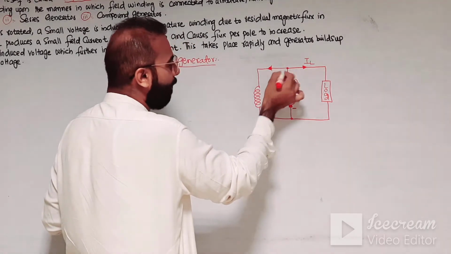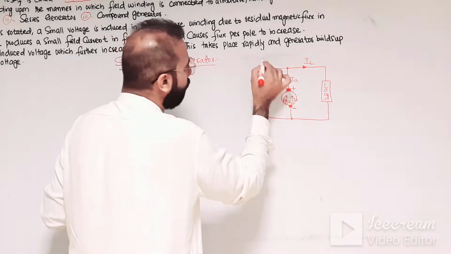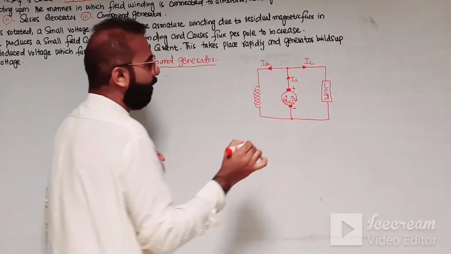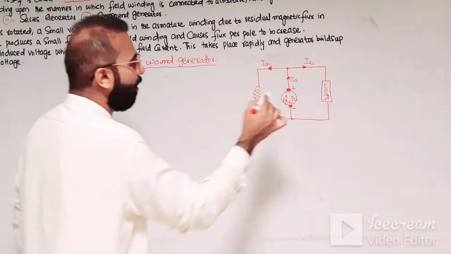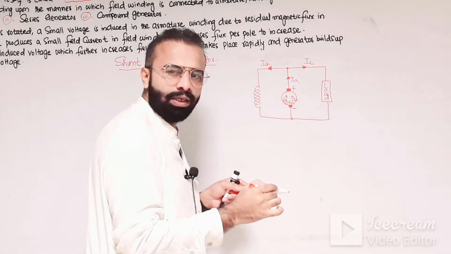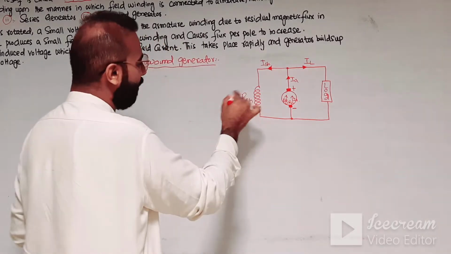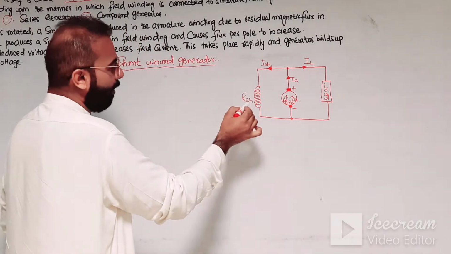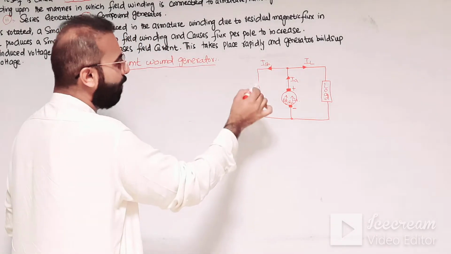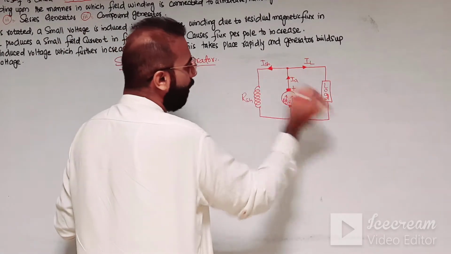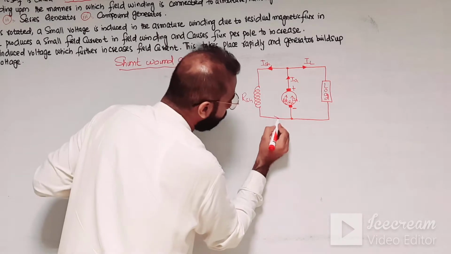Only a part of the armature current flows through the shunt field winding, and the rest flows through the load. This is R shunt, the shunt resistance of the field winding, this is the shunt field current, and this is the load current.